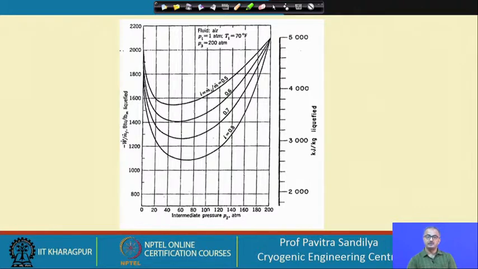In the given problem, you can change the values of I, keeping the intermediate pressure constant or vice versa, and figure out the effect of these two parameters on the overall performance of the system, in terms of the amount liquefied and the work requirement. More of these things will come to you in the assignments.